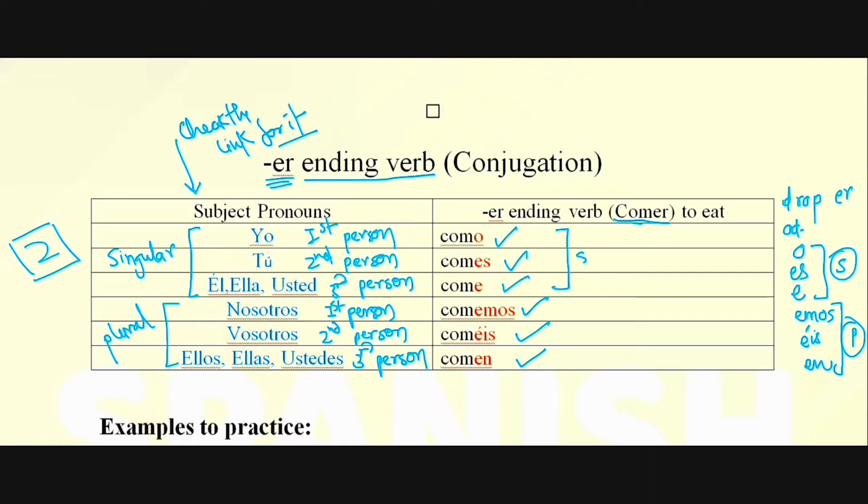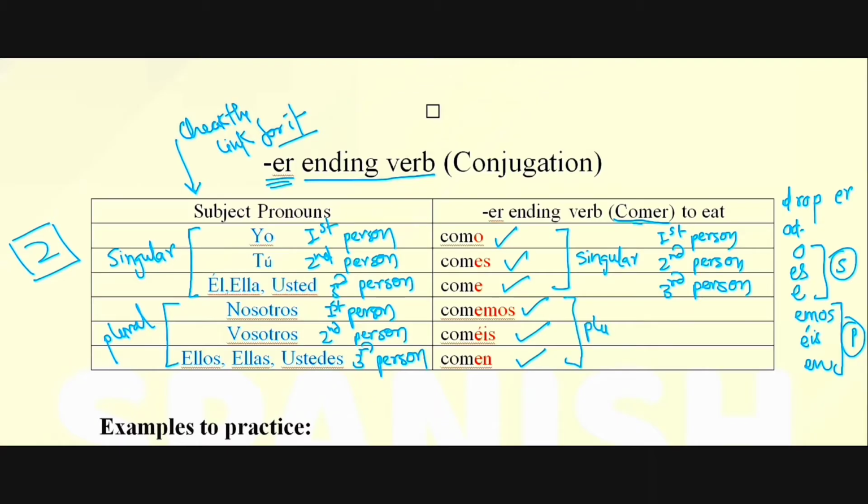First, second, third person singular: como is first person, comes is second person conjugation, come is third person conjugation.